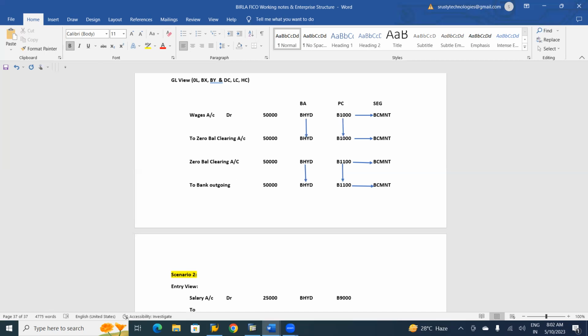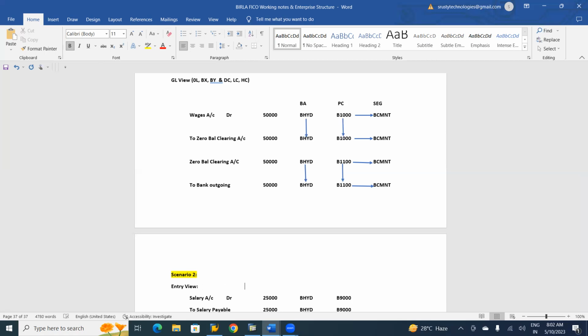So to salaries payable, 25,000, BHYD, B9,000.